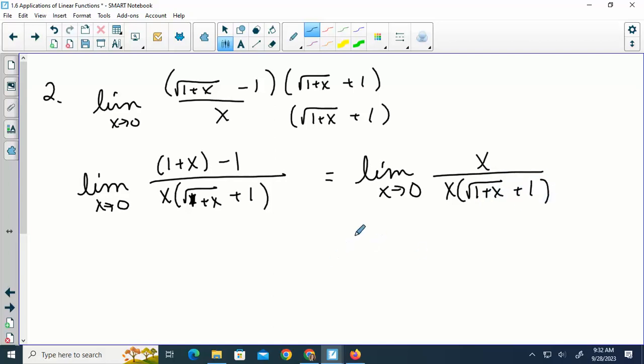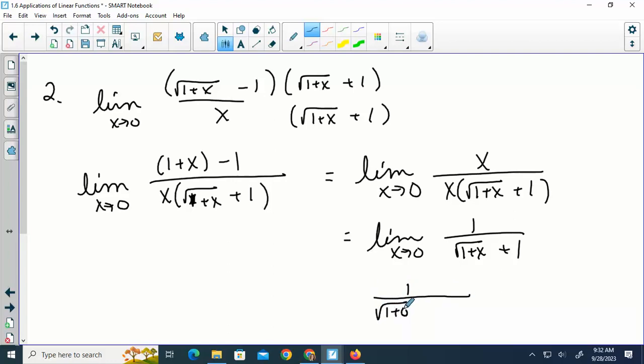And then what happens? The x's can drop out, and now we no longer have a problem. Once you're not getting 0 on the bottom, you can plug in and we get 1/2. So if I give you a problem where you have to multiply by a conjugate, that's okay.